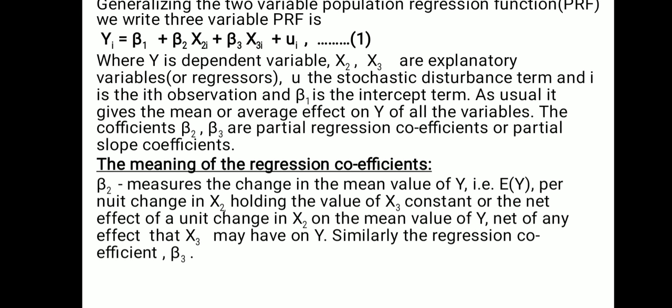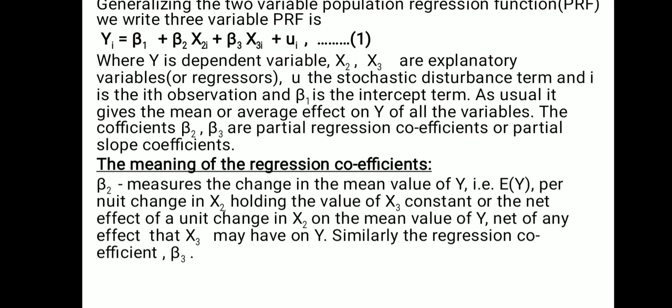Intercept means the y intercept, where it cuts the y axis, the height on the y axis. As usual, it gives the mean or average effect on y of all the variables. Here the coefficients beta 2 and beta 3 are called partial regression coefficients or partial slope coefficients.